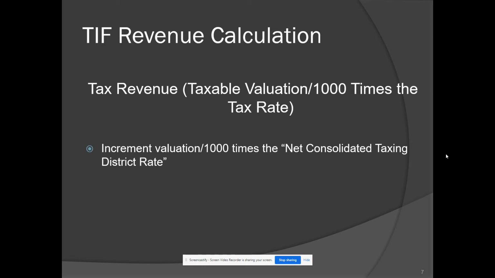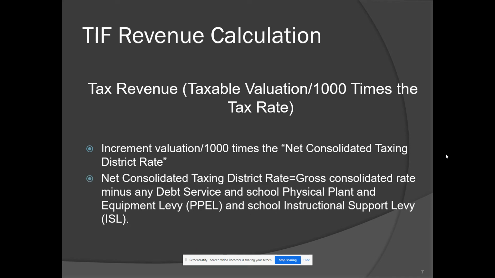In the TIF revenue calculation, it's the incremental value divided by 1,000 times the net consolidated taxing rate. So the net consolidated rate is basically the gross consolidated rate minus any of those protected levies that we discussed in the very first part of this webinar series.